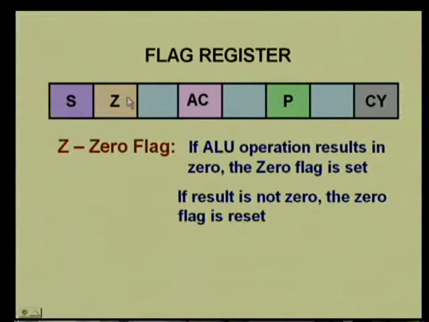That is, after the arithmetic or logical operation is completed, if the result is 0, then the zero flag is set. If the result is not 0, then the flag is going to be reset.